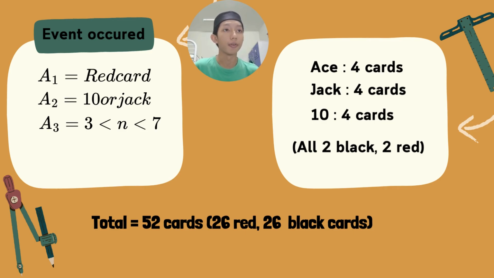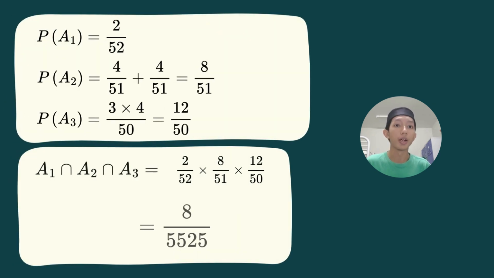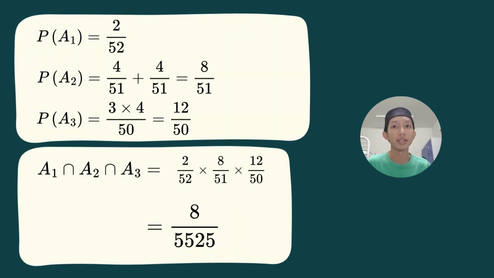Next, aces are 4 cards, jacks 4 cards, 10s 4 cards, each of which has 2 black and 2 red cards. So the total is 52 cards, which is 26 red and 26 black cards. So this is how to calculate the answer.